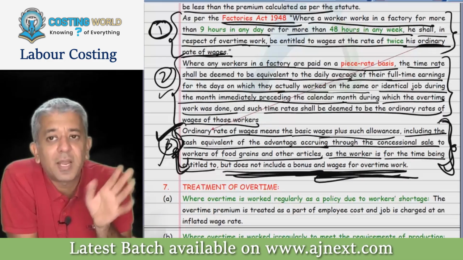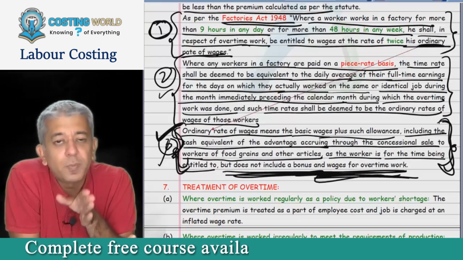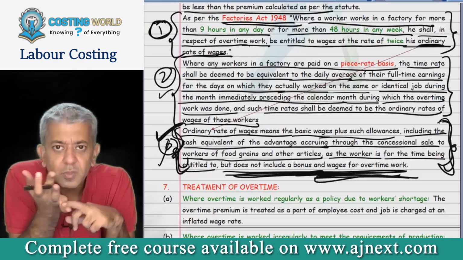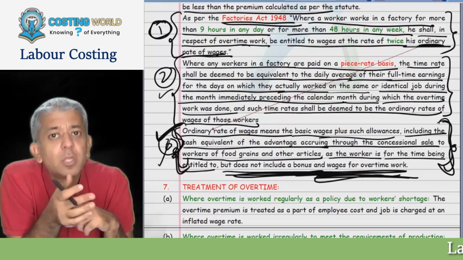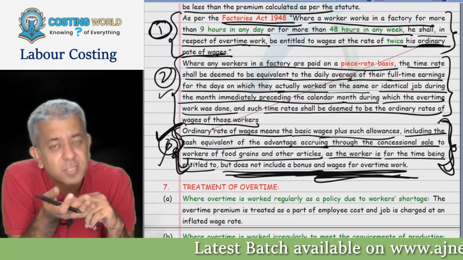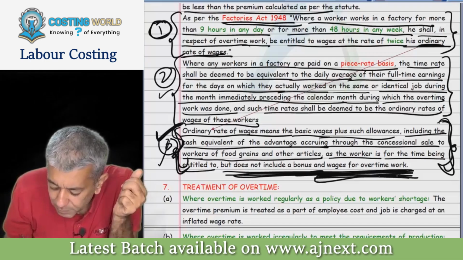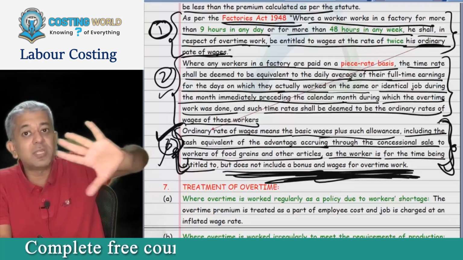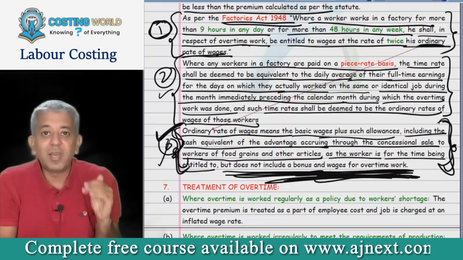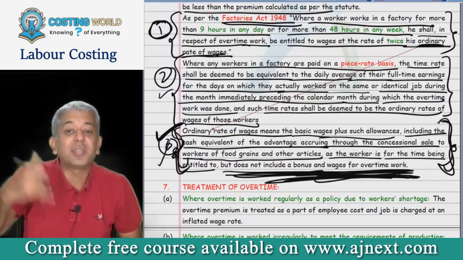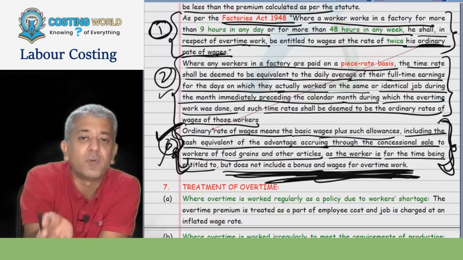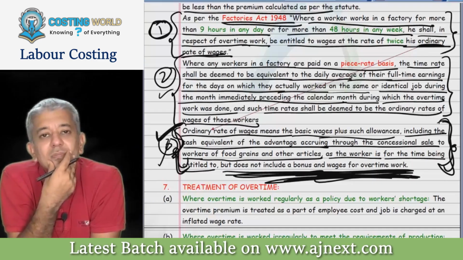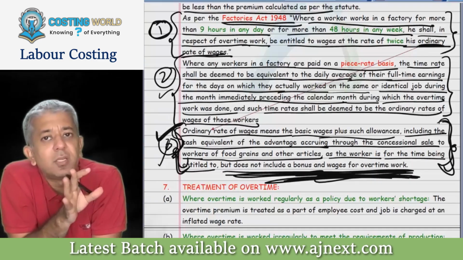You take his basic wages, you take his DA, and you do not include the bonus and the overtime. If suppose in the last month he did overtime, for calculation of the rate for this month I cannot include the overtime of the previous month, else the rate will become too high, no? So all those things you do not include.